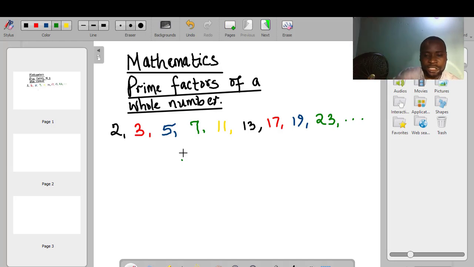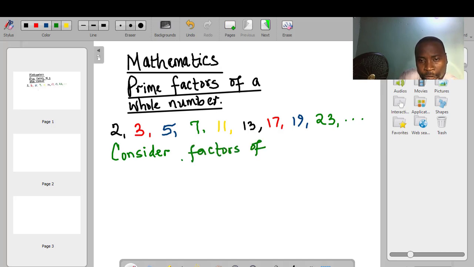Now, if I asked you to give me the factors of a number such as 12, consider factors of 12. I'm sure by now you know how to list factors because we took an introduction to that.